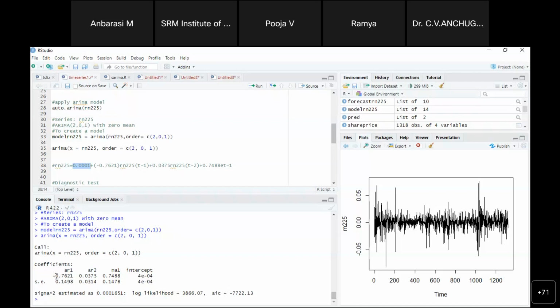So the constant was 0.7621 multiplied with Rn 255 at t minus 1, plus the next term 0.0375 multiplied with Rn 255 at t minus 2.